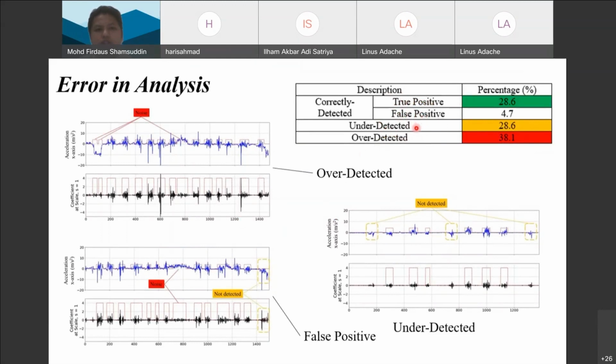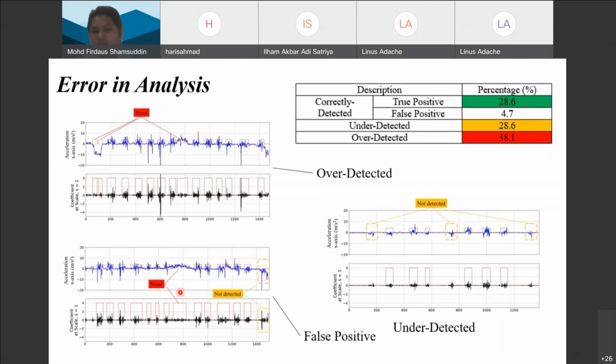False positive is when it counted correctly. Let's say that we have 12 holes and it counted 12. However, in that 12 that we counted, there is over detection and under detection inside the same signals. So we call it a false positive, because even though the amount counted is correct, the signals that they count are wrong.